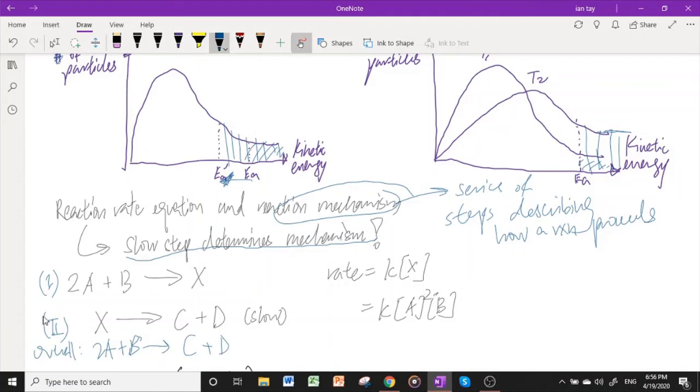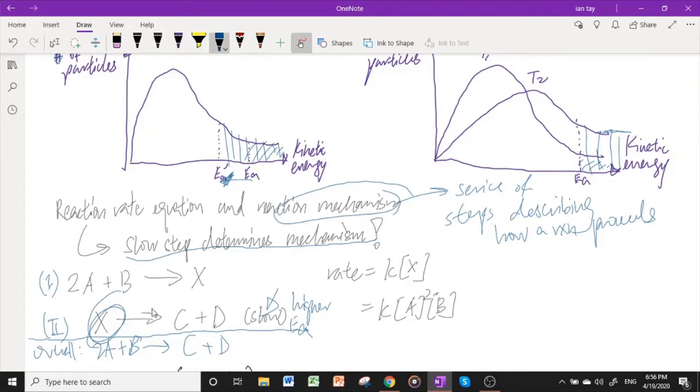But then it's split up into two separate steps in the reaction mechanism, and the second step we tell you is the slow step. The slow step means a higher activation energy. Then we say that rate is now dependent on one molecule X reacting, so X to the power of 1.